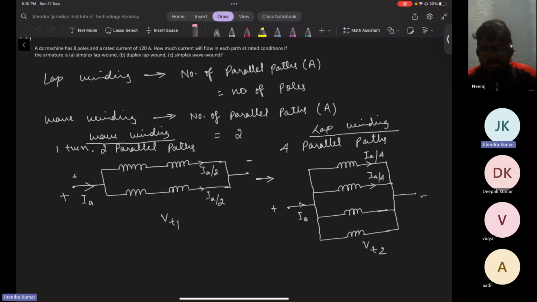So here EMF is reduced. One thing we concluded, EMF will be reduced. Okay, any other thing? VT, the terminal voltage, will be reduced.